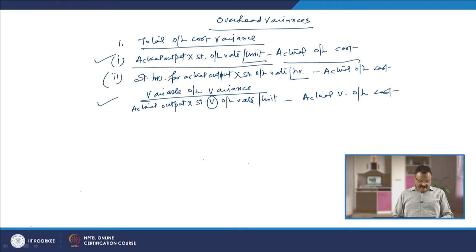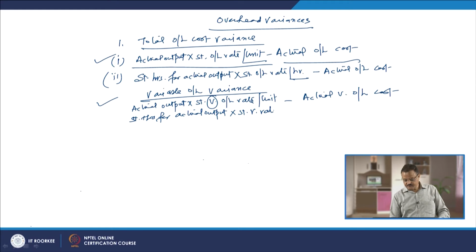If it is in relation to the labor, then it will be standard hours for actual output into standard variable overhead rate per hour, minus the actual variable overhead cost.